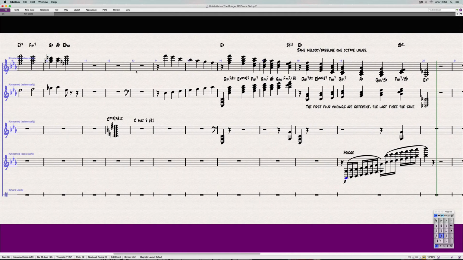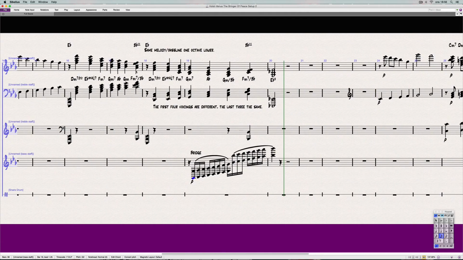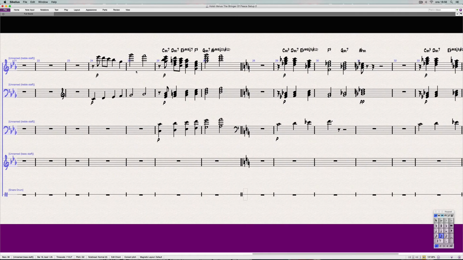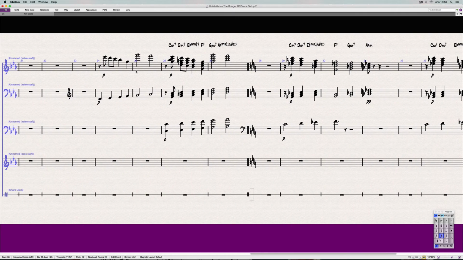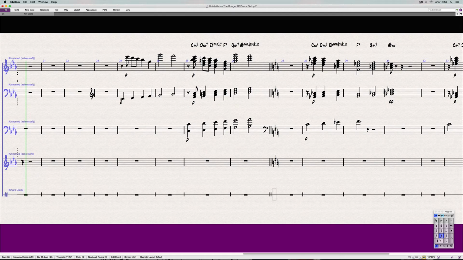Okay, so that's it, and I compose it like this. Let's see where it's at. Oh, here it is. So I started by writing the melodies. Okay, and then I harmonized the melody, and I used some bigger chords. You see A flat major 13, sharp 11.